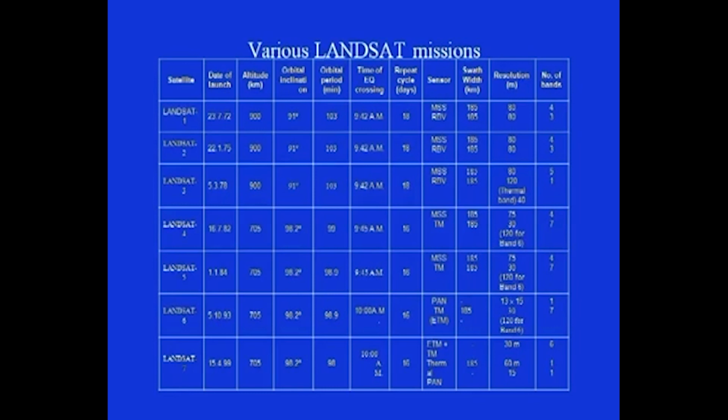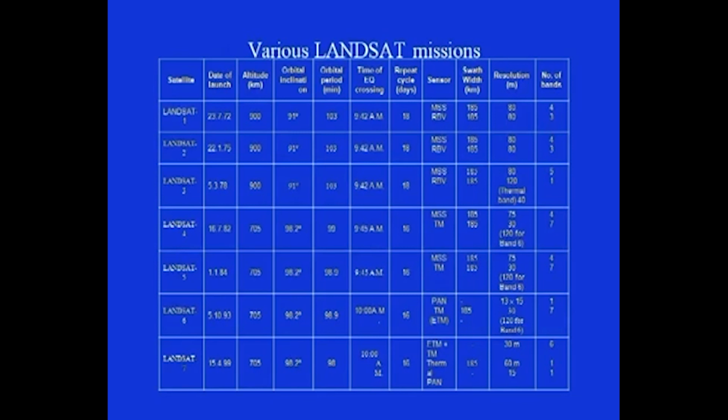The coverage of these sensors remained 185. However, the pixel resolution for PAN was 13 meters by 15 meters, and for ETM it was 30 meters. PAN had only 1 spectral band, whereas the other 2 had 7.